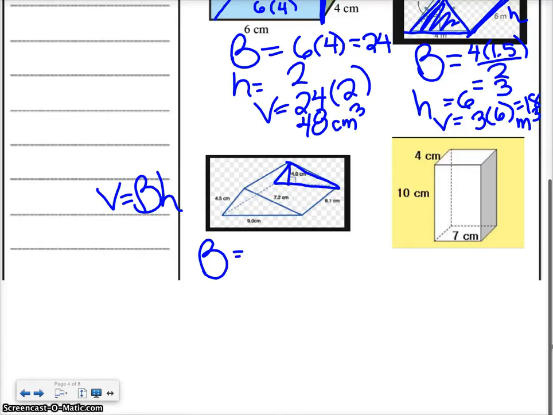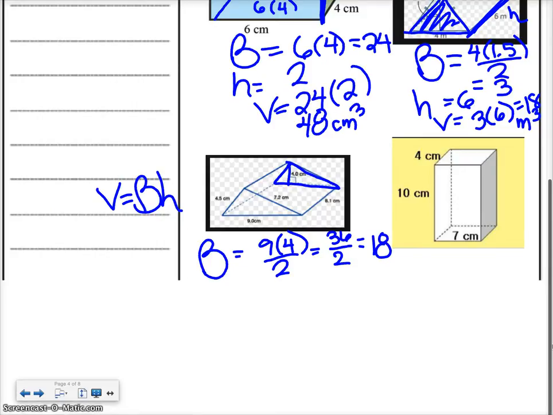What's the base of my triangle? 9. Height of my triangle? 4. Divided by 2. What's that, 18? So that's big B. I kind of like saying that, big B.